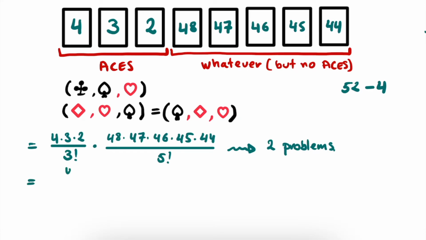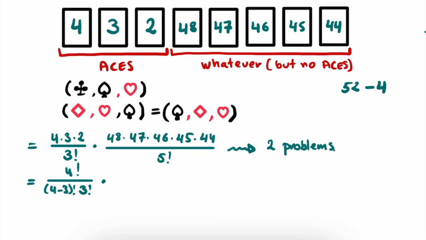We have for the first problem 4 factorial divided by 4 minus 3 factorial, since we have 4 choices and are drawing 3 cards, multiplied by 3 factorial, because order does not matter, and this is exactly the number of ways in which we can shuffle around 3 cards.